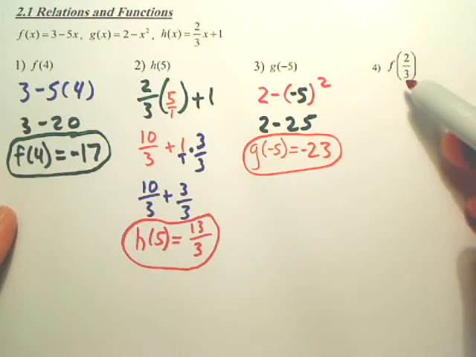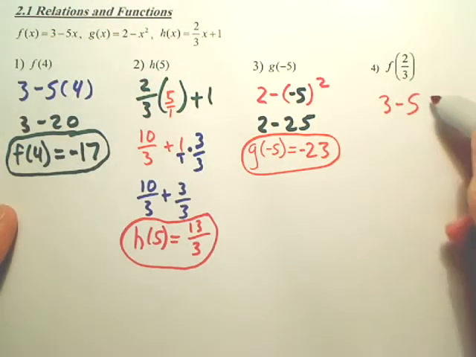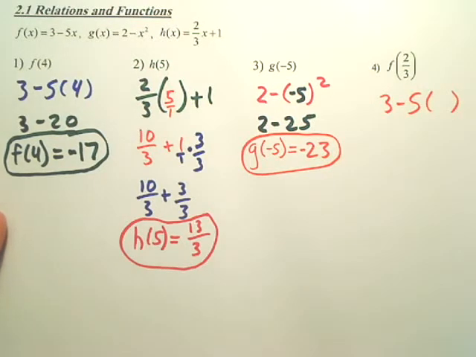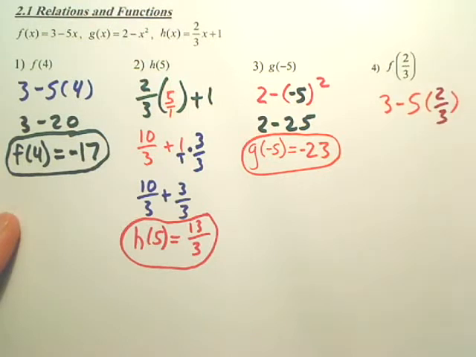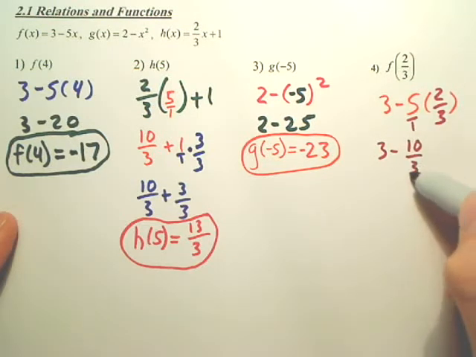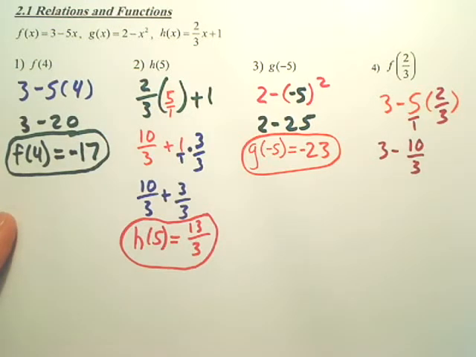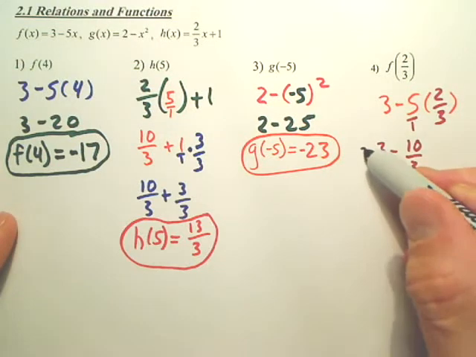Lastly, what function? F. So f is 3 minus 5 times blank. And what am I plugging into the blank? 2/3. Now, let's go over here and put a 1 there. So that's 3 minus 5 times 2 is 10. 1 times 3 is 3. I need to change this one, so I get a 3 on the bottom.